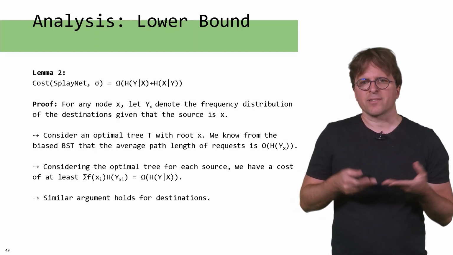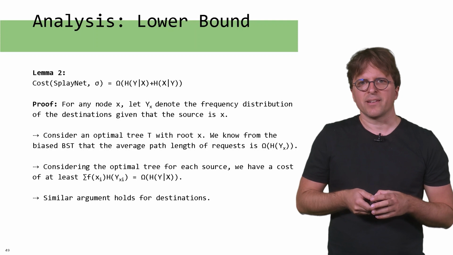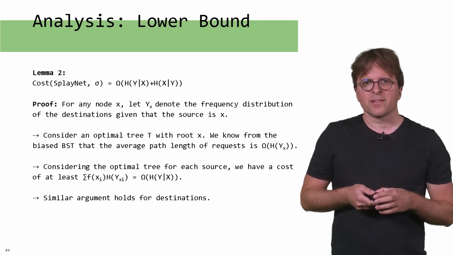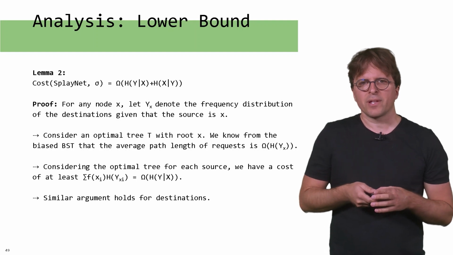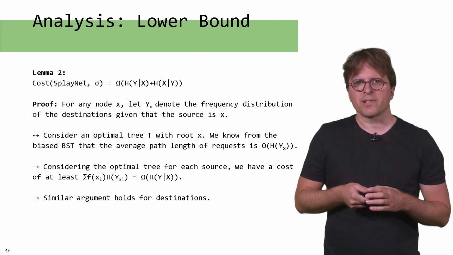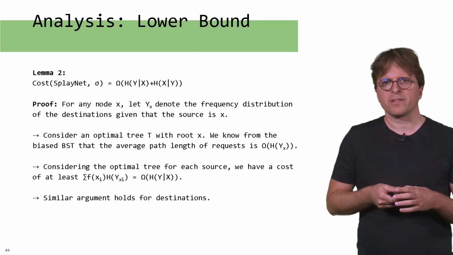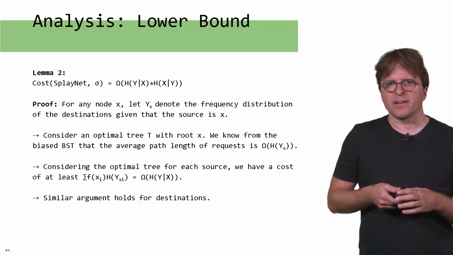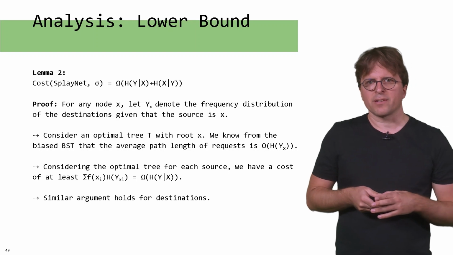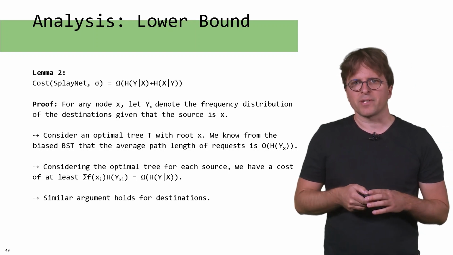And that again is just asymptotically the entropy of Y given X. So what we can show here is that the conditional entropy is a lower bound for the cost of a self-adjusting binary search tree. And yeah, so this I showed you for the sources, but you can show something similar for the destinations.